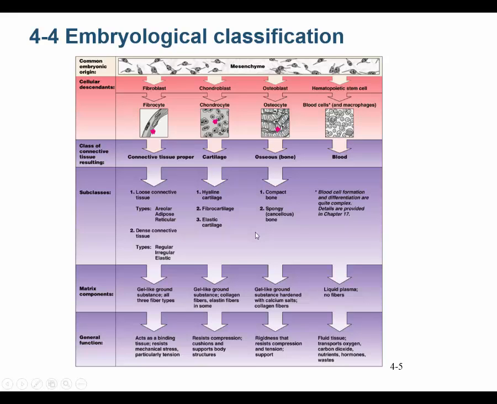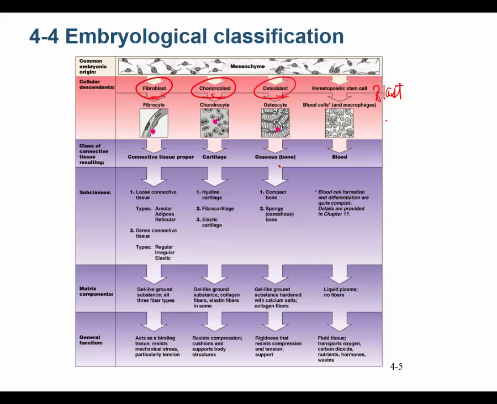Again, same classification system, but a slightly different picture. The reason why I like this picture is because it tells you what cells make it up. So a fibroblast makes connective tissue proper, a chondroblast makes cartilage, an osteoblast makes bone, and blast cells actually make blood, but there's different blast cells.